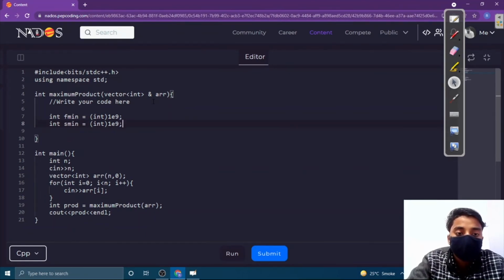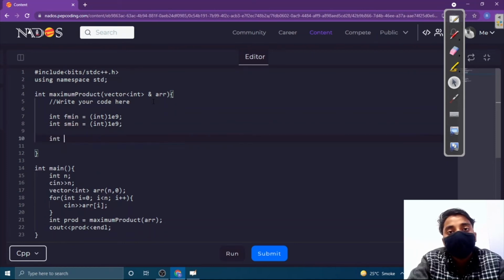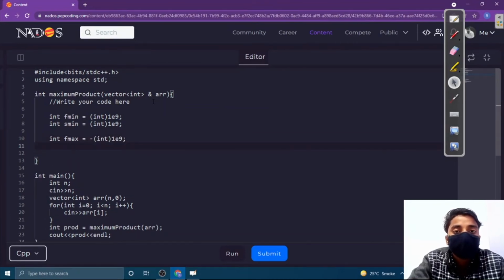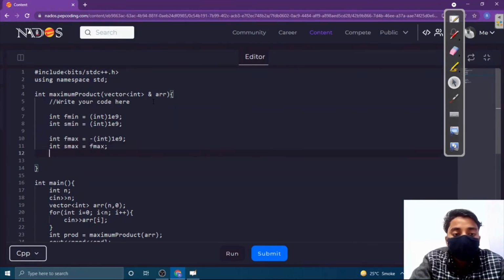Now we need first max, so first max will be negative 10 to the power 9. Second max is also negative. Third max is also negative.